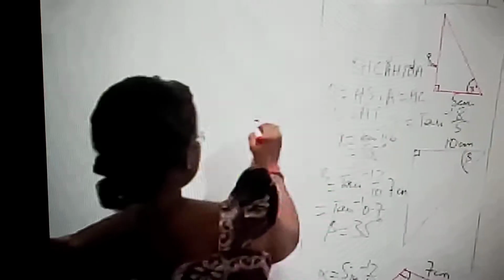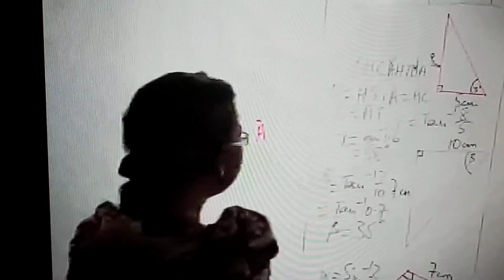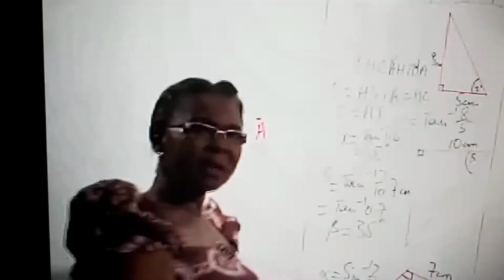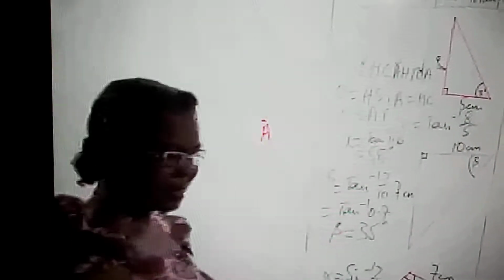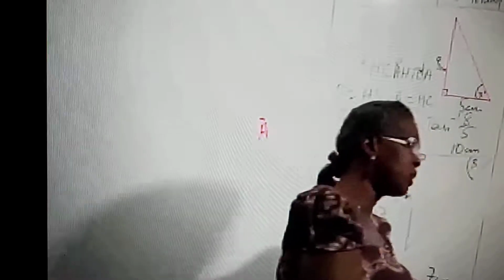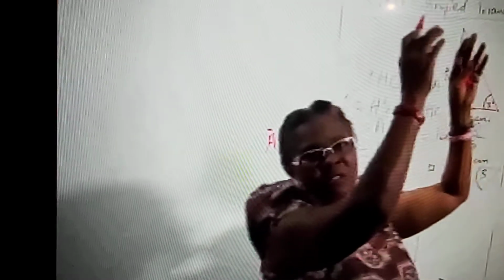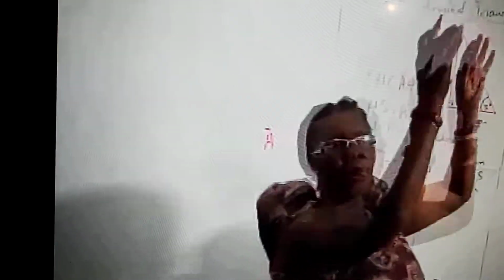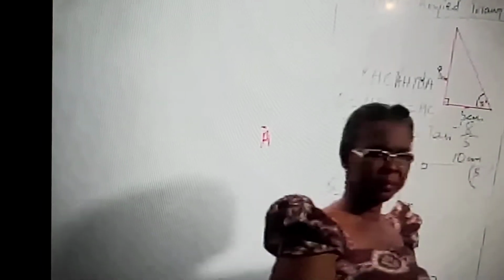So identify the foot of the tree. Let's assume this is the foot of the tree. Let's call it point A. This boy is 20 meters away from A. Now, is the boy going to be vertically hanging, or is he going to be on the ground?